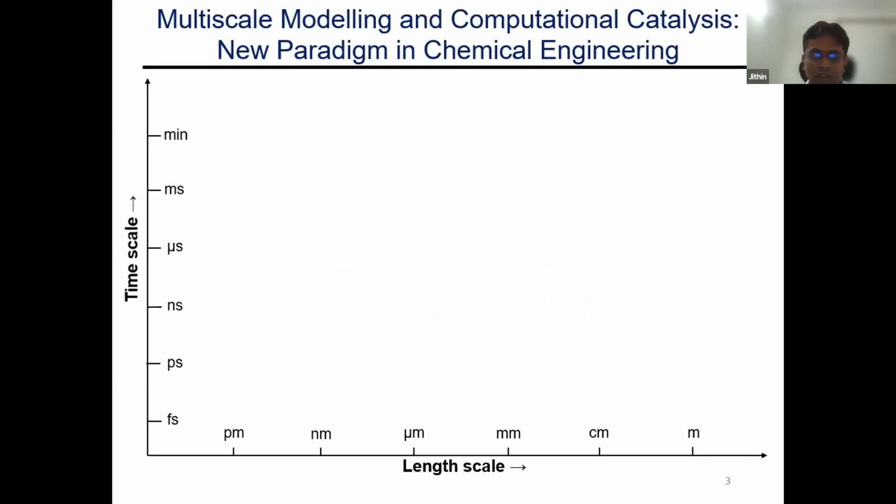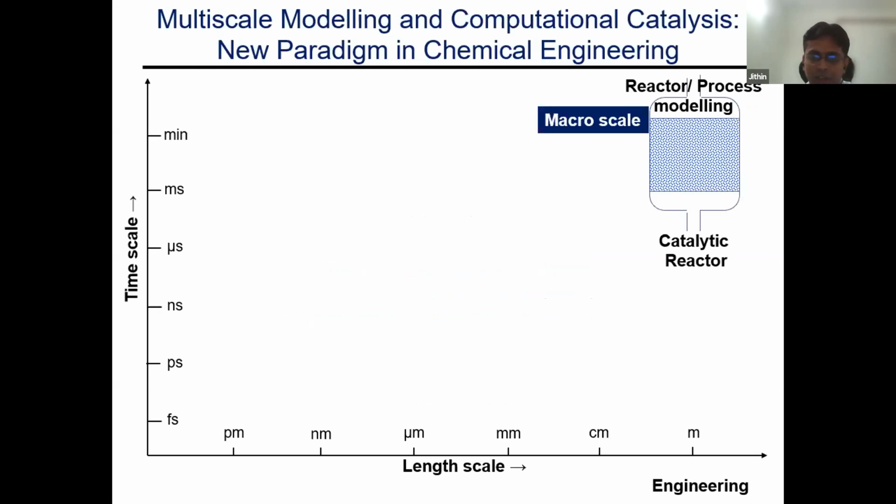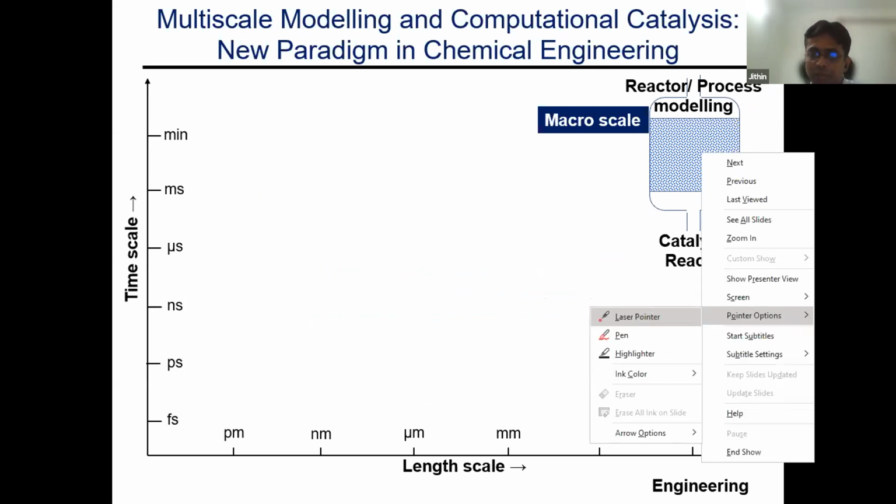So a quick introduction to start with. I am a chemical engineer by training, and as chemical engineers, we are trained primarily to understand and investigate phenomena at a chemical reactor scale or a process scale for that matter. If you look at this particular chart, we're looking at primarily these spatio-temporal scales.